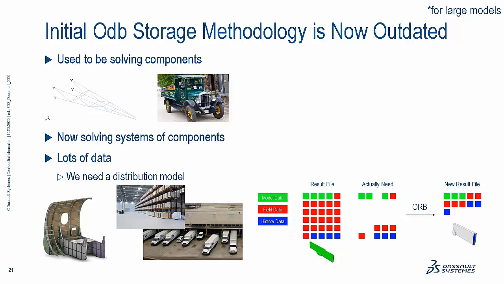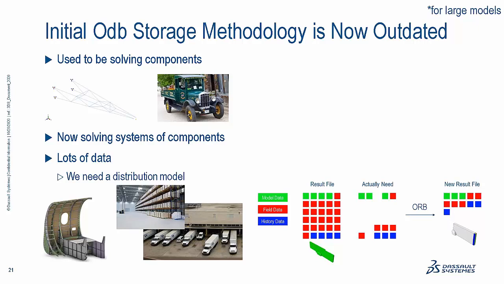And what that visually represents is on the bottom right, where we have an original result database file, which has some model data, some field data, and history data. And that's what we've requested. And we don't a priori know exactly what we want from our runs, typically because a lot of times we're going either completely blindsided into these analyses or 90% certain what we're doing, but it's never perfect.